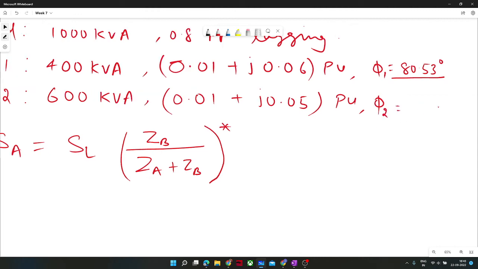Again, phi 2 is tan inverse of 0.05 divided by 0.01. That would come out to be 78.7 degrees.